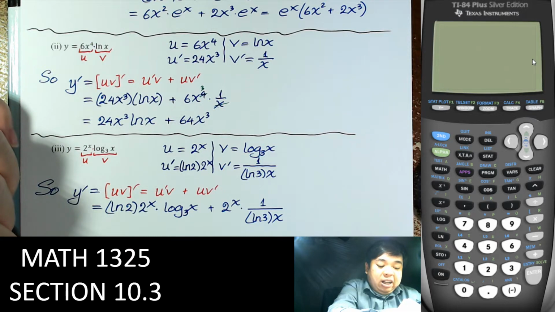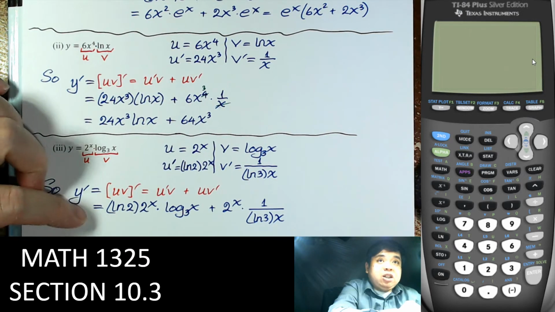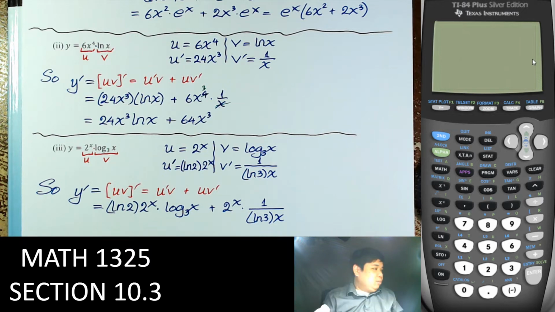We cannot simplify anything in that form, so I'm just going to leave it like that. But that is the product rule.